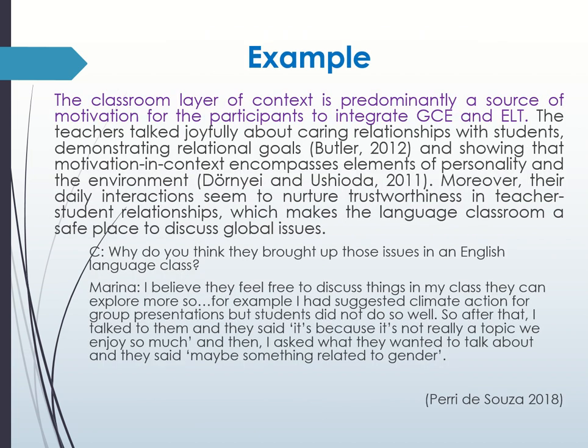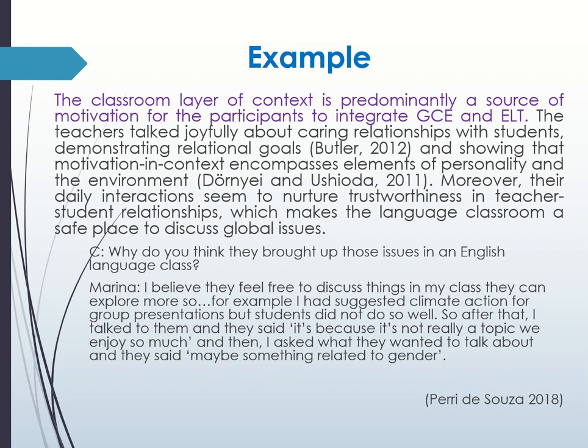Here is an example of building an argument using interview data. In the first sentence here, the researcher presents the findings. The classroom layer of context is predominantly a source of motivation for the participants to integrate GCE and ELT. This is the key finding.